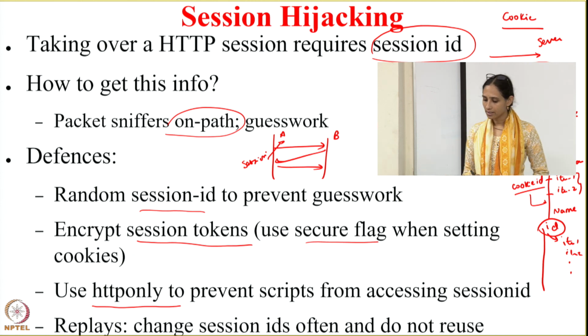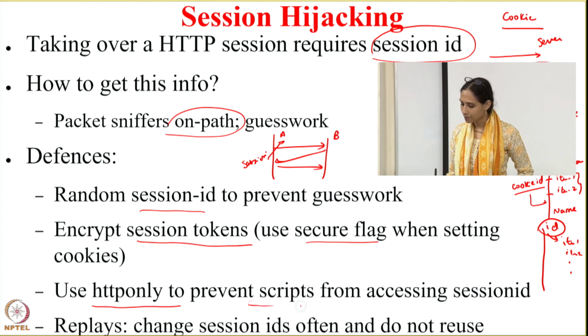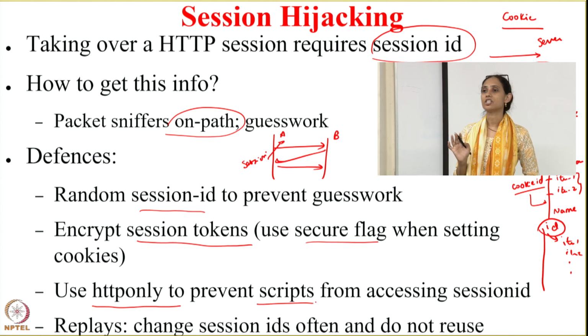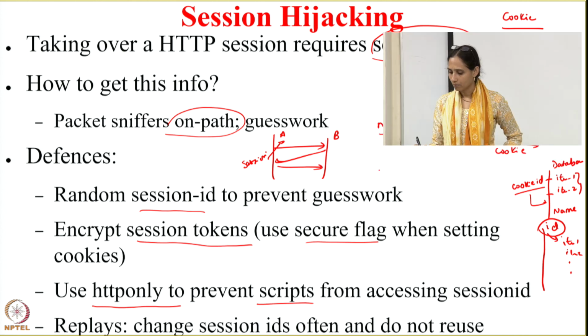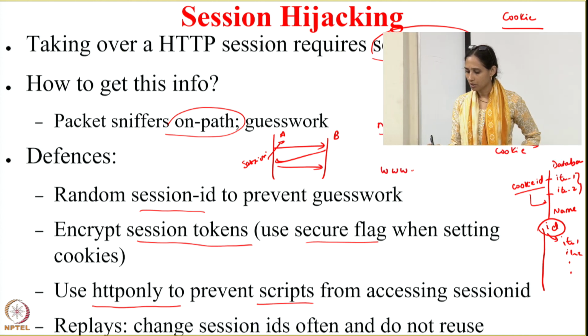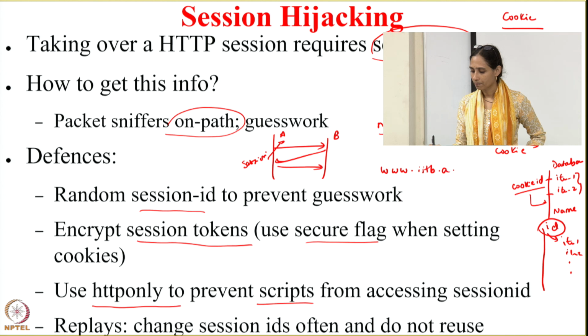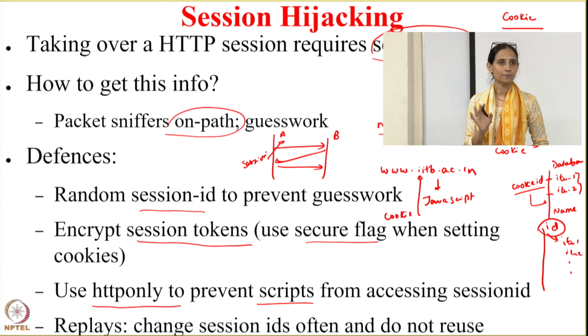So, here what it is saying is that scripts cannot access these session IDs, even though this JavaScript has come from a genuine website. For example, suppose you are visiting www.iitb.ac.in, and this has some JavaScript within it, and let us say there is a cookie associated with this particular website itself, same origin.